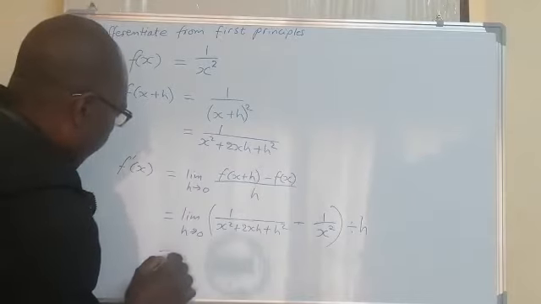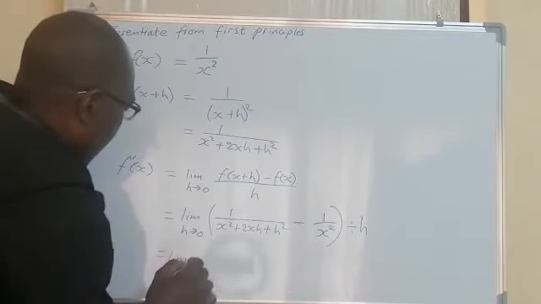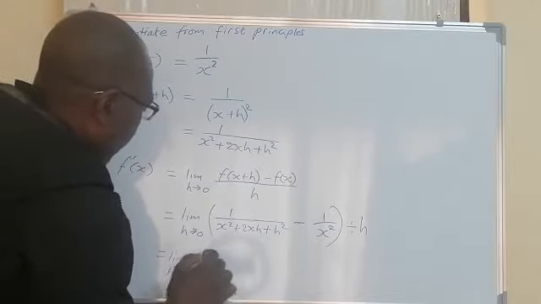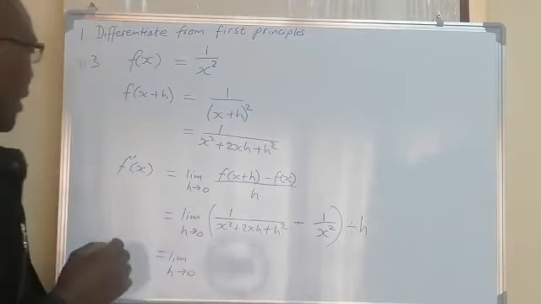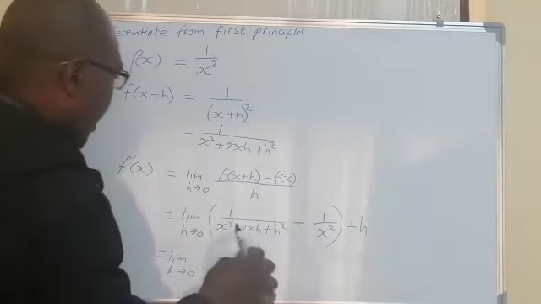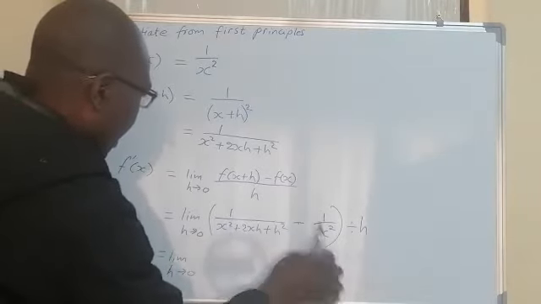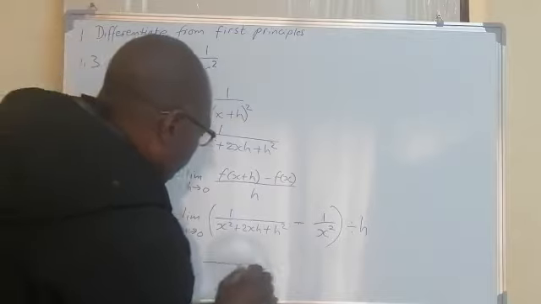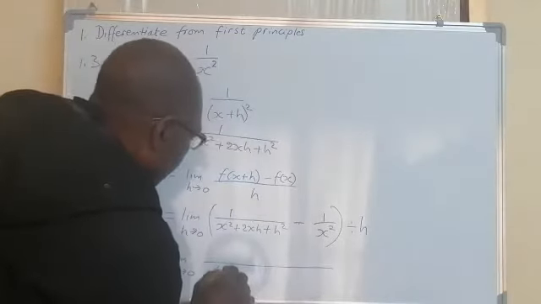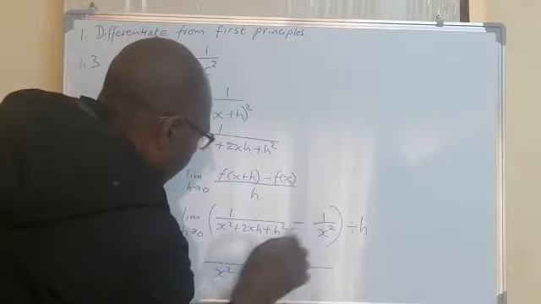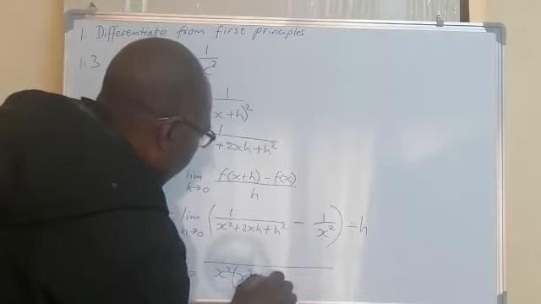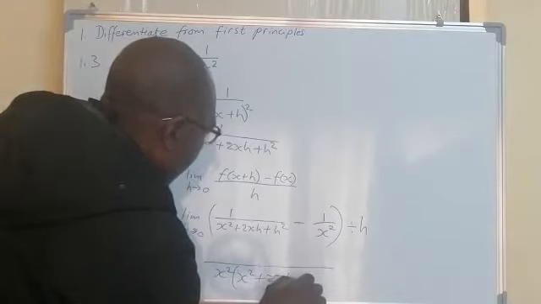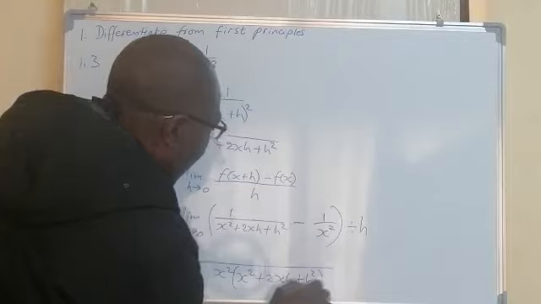Then we have limit h to 0 of what is inside the bracket. We find the common denominator, which is the product of this times that. So we are going to say x squared, this one outside, and this x squared plus 2xh plus h squared inside the bracket.